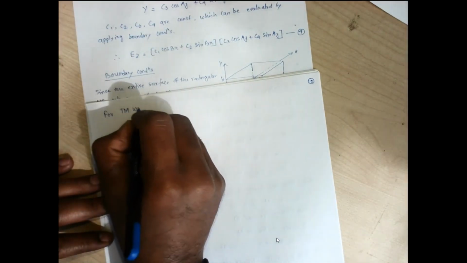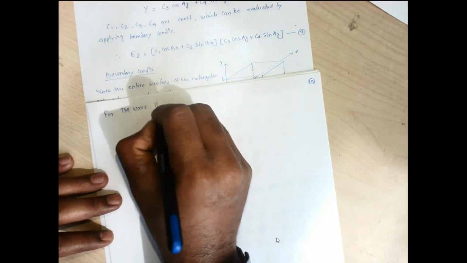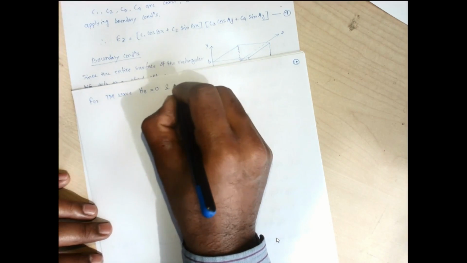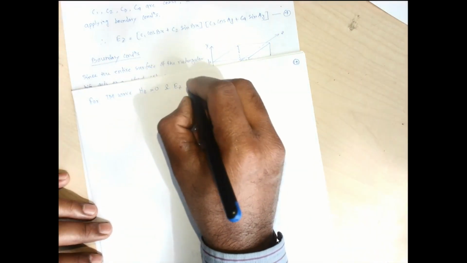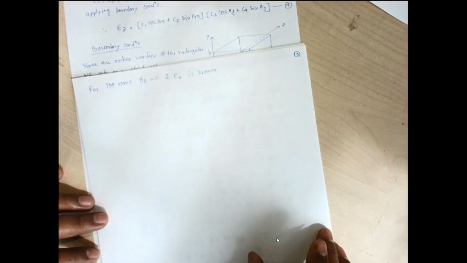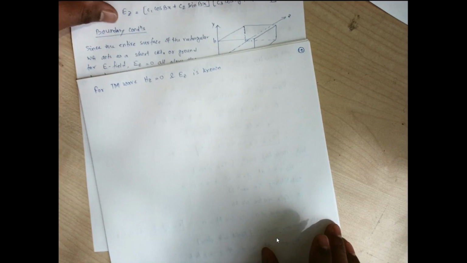So for TM wave, Hz is equal to 0 and Ez is known because we have already derived that one, right? This is our Ez, and now putting this Ez in the field expression, we can easily find Ex, Ey, Hx and Hy.